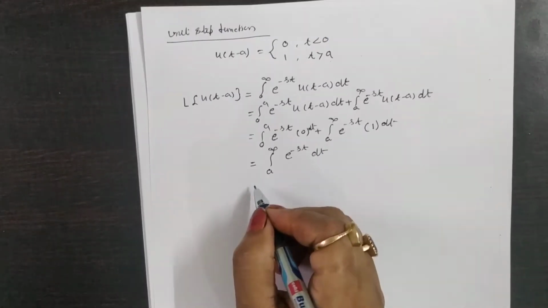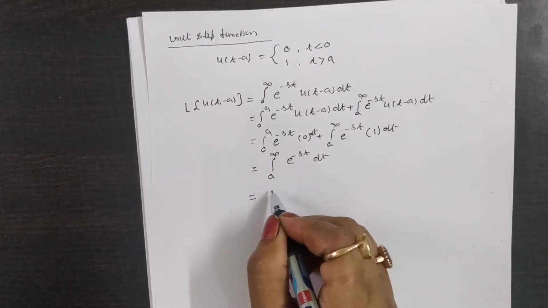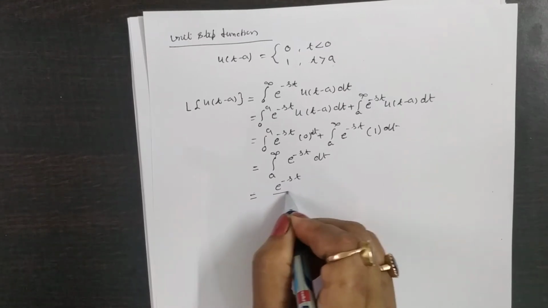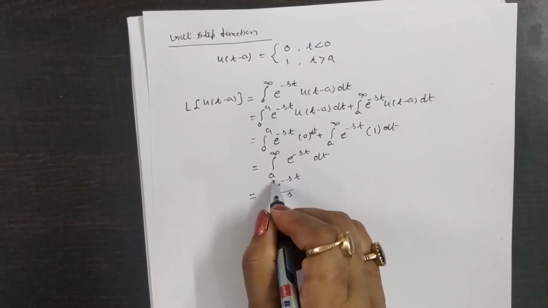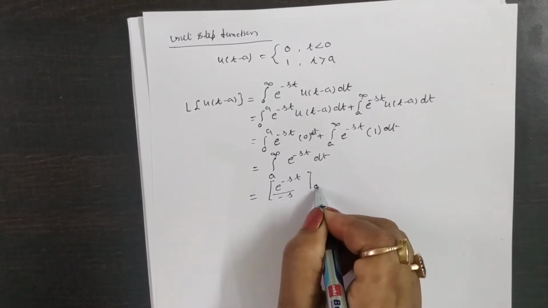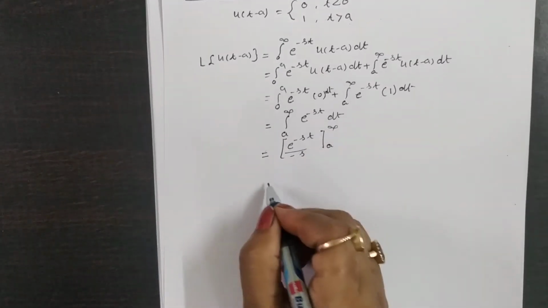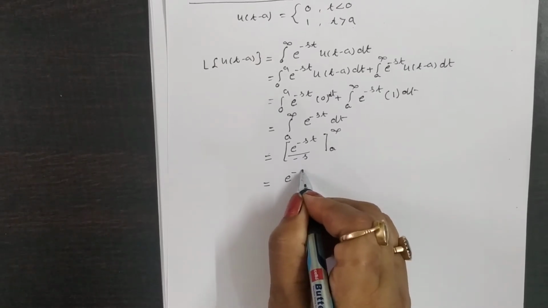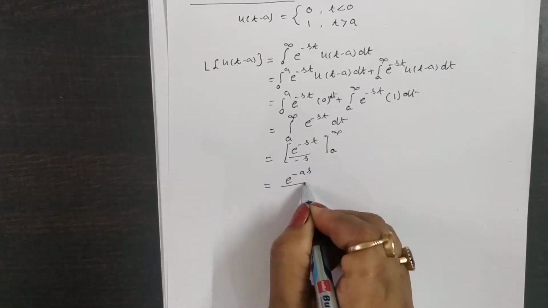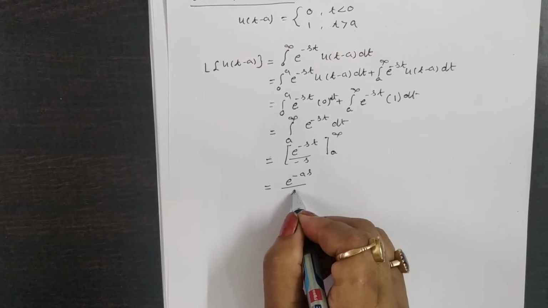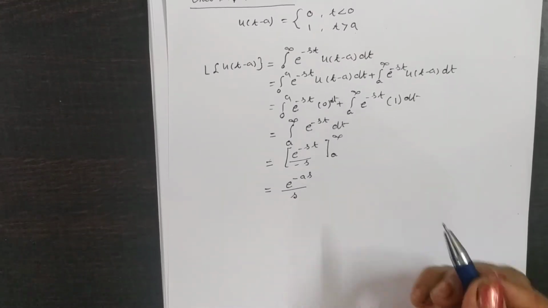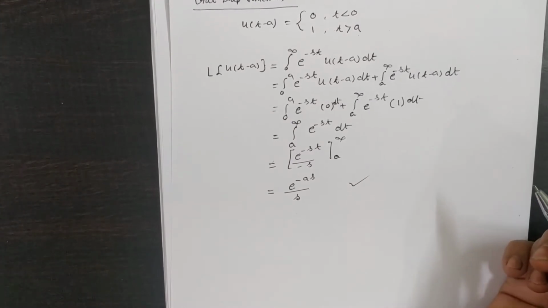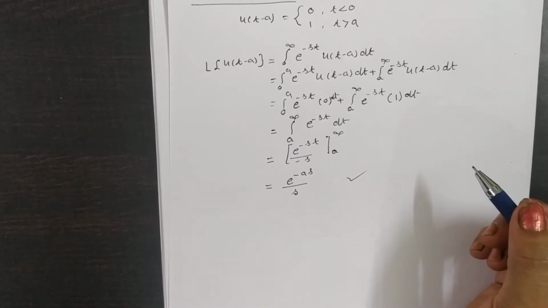Integrating this, you get e to the power minus st divided by minus s, and now taking the limit from a to infinity, this is equal to e to the power minus as divided by s. This is the value of the Laplace transform of the unit step function.